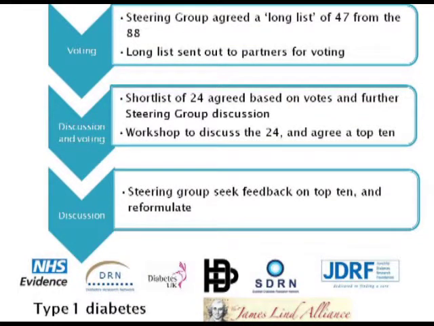The steering group agreed 47 from that 88 based on various criteria that we had pre-agreed. And we sent that out for voting to all the partners that had previously filled in the survey. That gave us a short list of 24 based on votes and further steering group discussion.